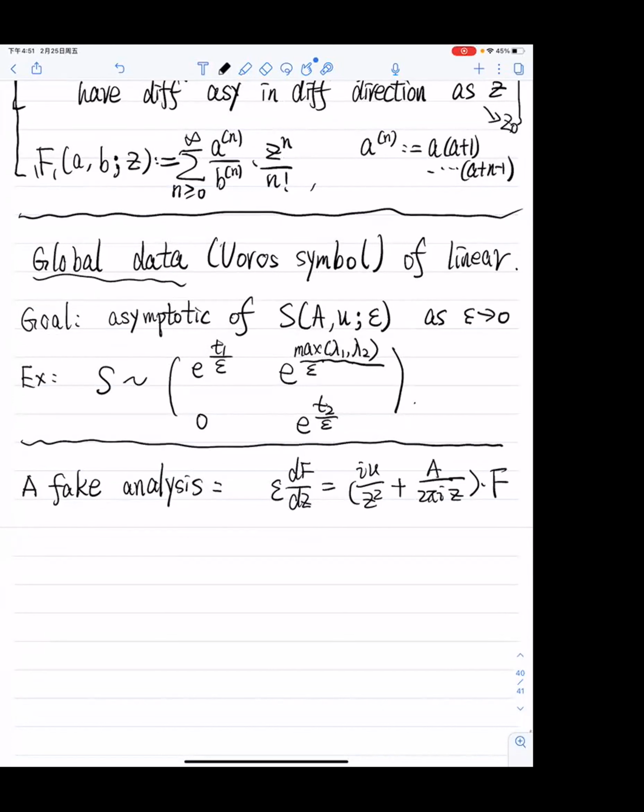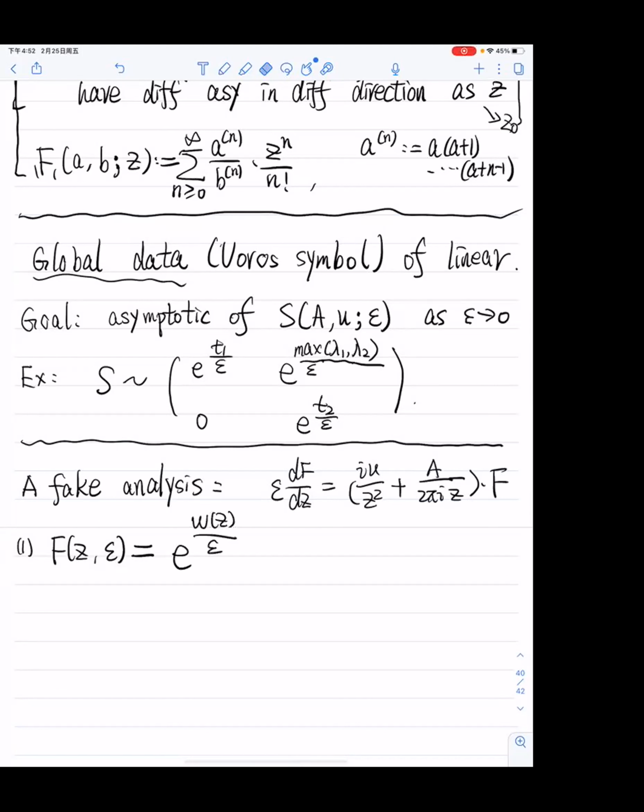So the fake analysis says that first, we can try to find the epsilon expansion solution. So we can try to solve this equation in a perturbative way. That is, we can write the equation, some formal equation, in the power series of epsilon.